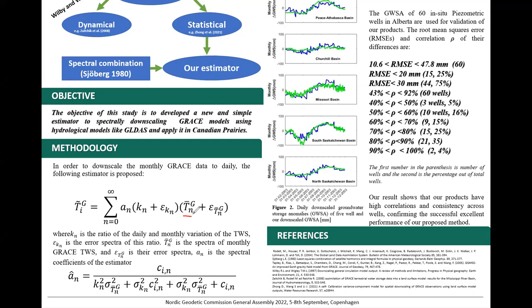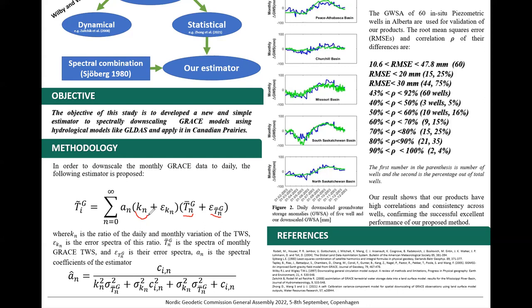Here we have the monthly GRACE model, but this is in a spectrum form. Spectrum of the GRACE monthly models, and this is the error of the monthly model, and here we have a Kn. Kn is a coefficient which converts monthly data to daily data.